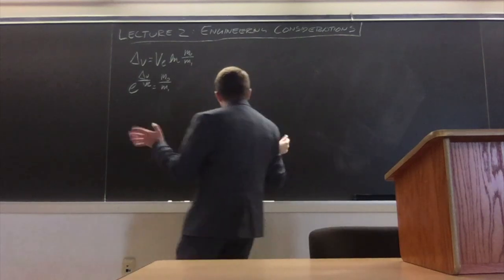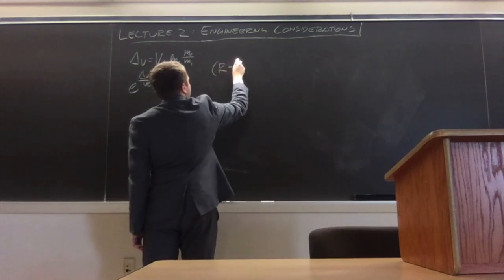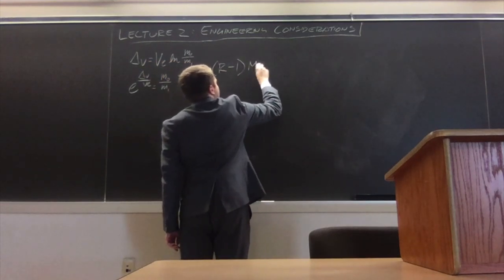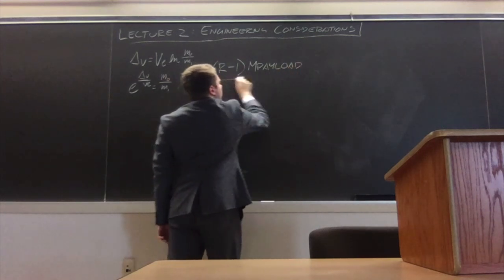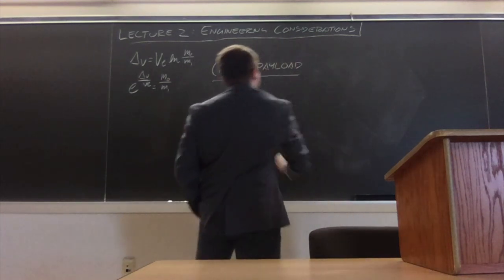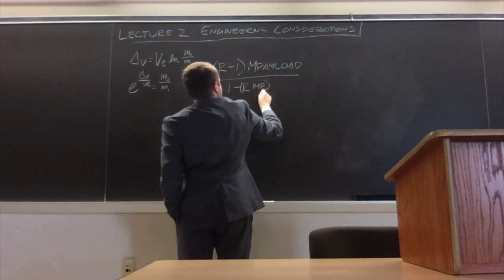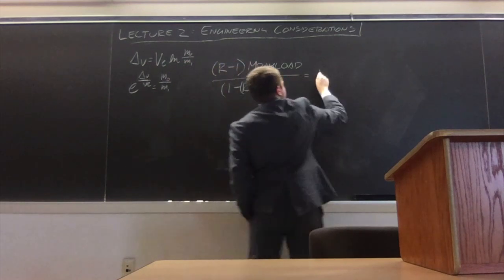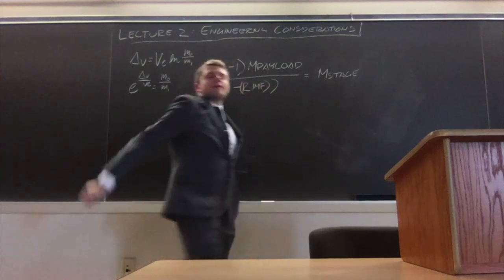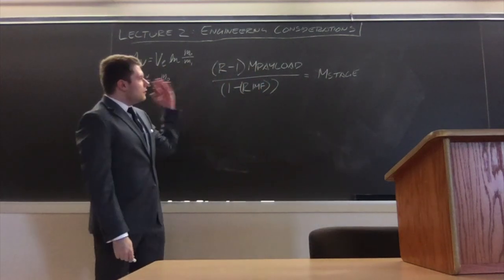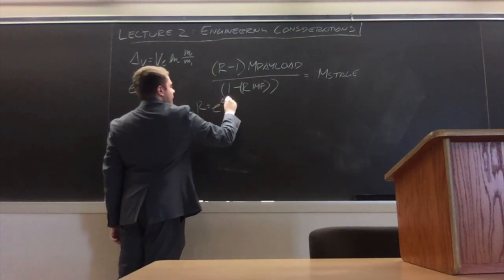We can finally come up with the final form of this, which goes very simply M stage equals M payload times (R minus 1) over (1 minus R times IMF). That's it. This simple definition, of course, where R is equal to e^(delta V over VE).